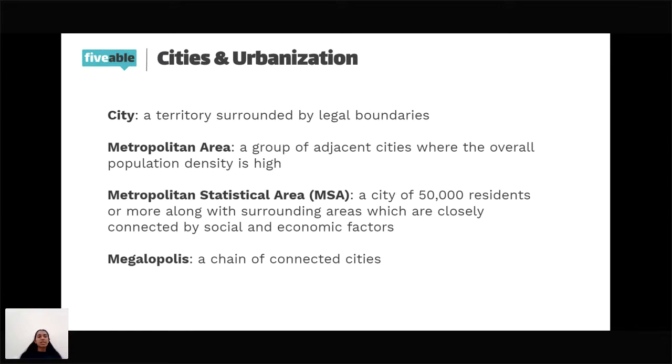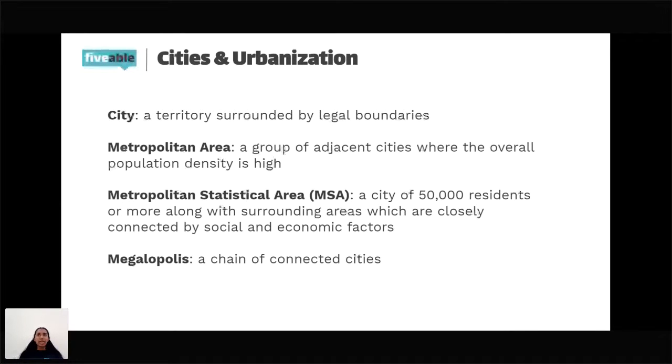And a megalopolis is pretty close to a metropolitan area, except instead of a group of just cities that are close to each other, it's connected cities that form a chain. So it almost forms a continuous urban area. An example of this would be the Boston to Washington corridor, or the Boswash corridor.